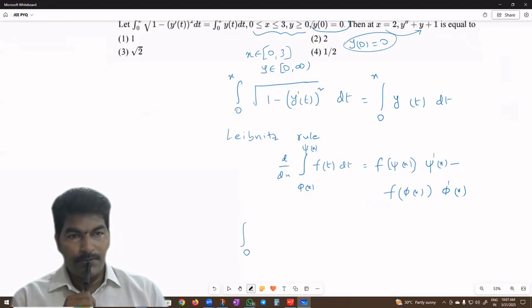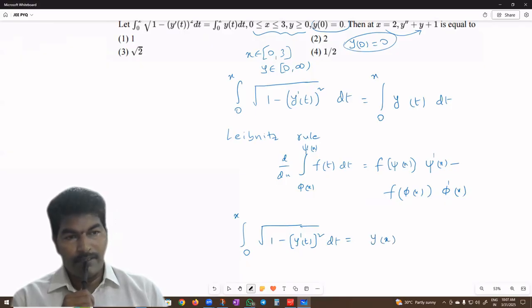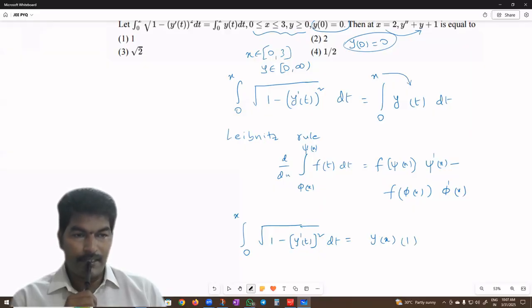So integral 0 to x under root of 1 minus y dash t whole square dt, applying the Leibniz rule, y of x: t value will be replaced by upper limit, and you know x derivative is 1. Okay, that is what Leibniz rule says. Minus y of 0 and constant derivative, you know it is 0. So completely it is vanished. Of course, y of 0 itself is 0.